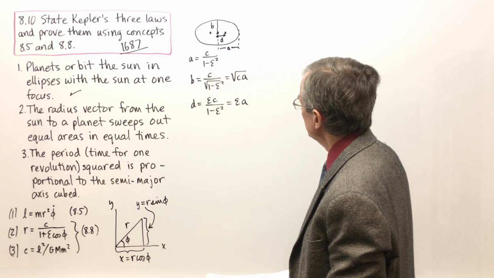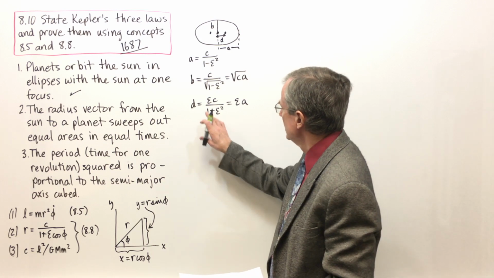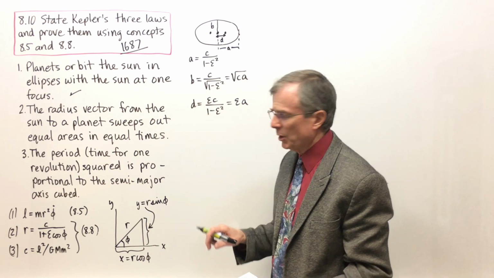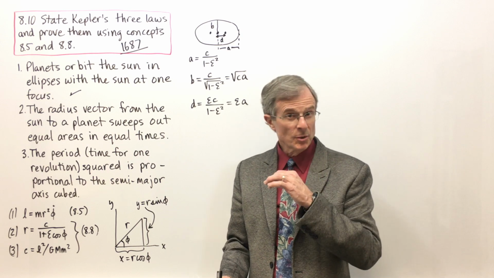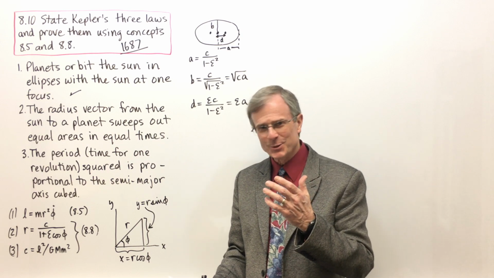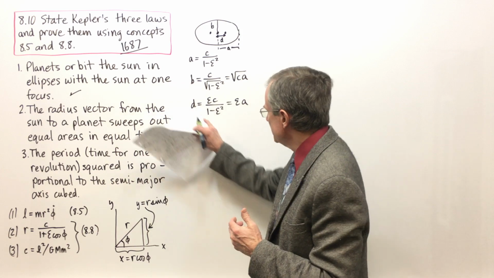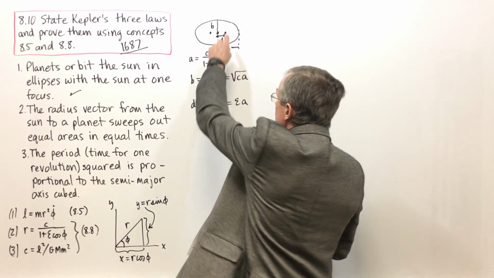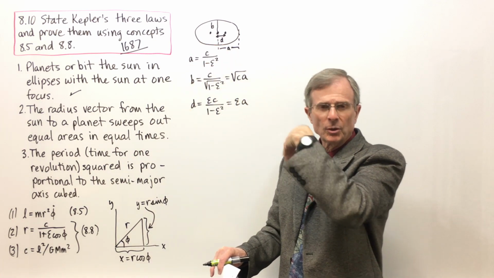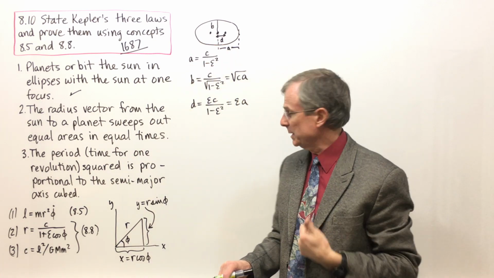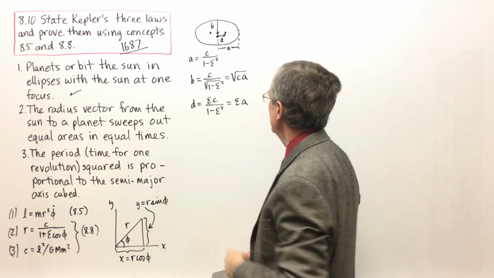So if epsilon equals 0, as we talked about in a previous concept, there's no eccentricity, d is equal to 0. The two foci actually coincide with the center of the circle, and it's a circle instead of an ellipse. So that's how that one comes out.